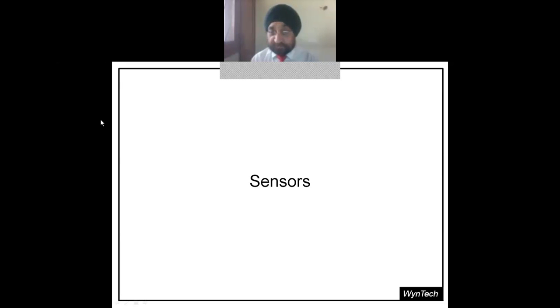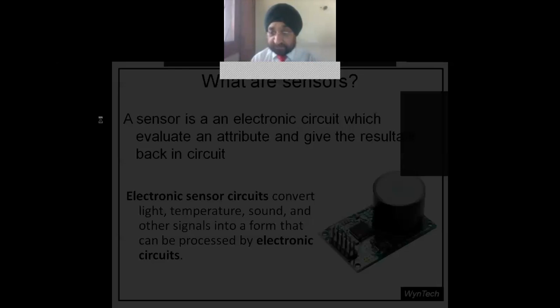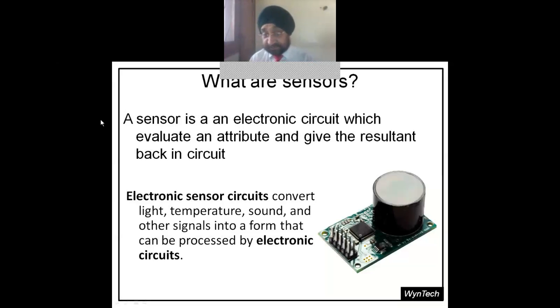Now we'll talk about the sensors. What are the sensors which are required, or what are sensors actually? The sensor is an electronic circuit which evaluates an attribute and gives an output. So in layman language, we can say that sensors are basically input to the system. It acquires information, for example, temperature, light, or any environmental parameters.